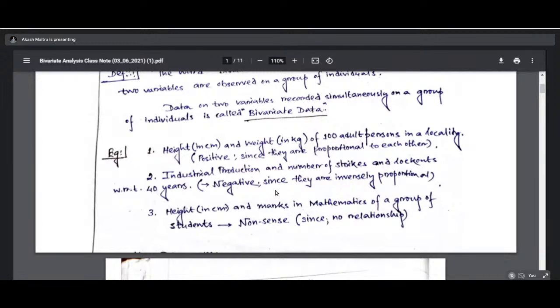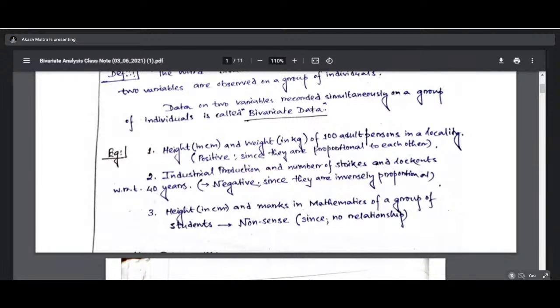In the second example, I have written industrial production and number of strikes and lockouts with respect to 40 years. Industrial production means the production that happened in all those factories, and a strike means no work on that day, as do lockouts.